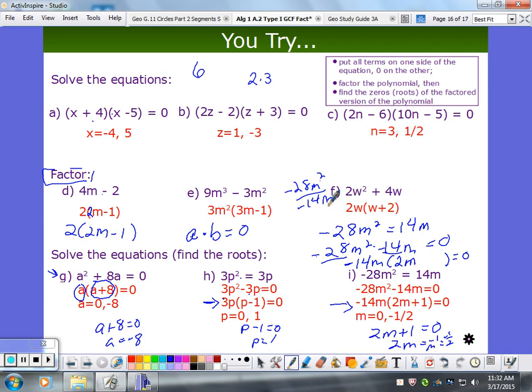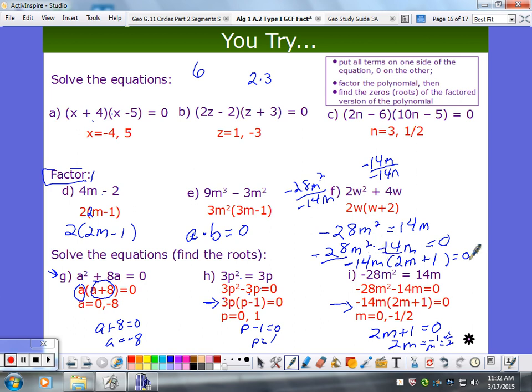M squared over m is m. Negative 14m over negative 14m is plus 1. And when you multiply back, you get here, yes.